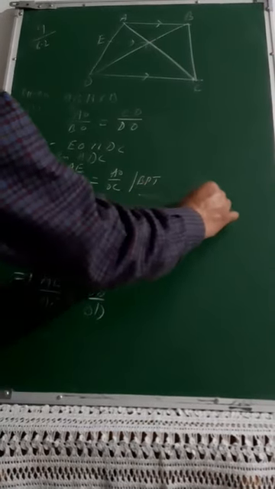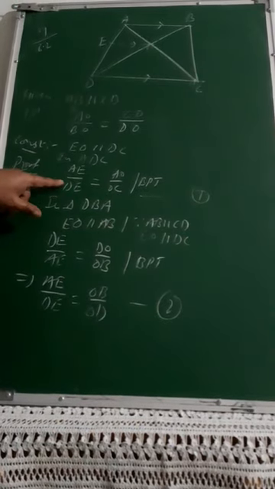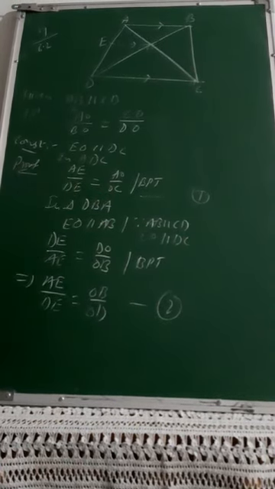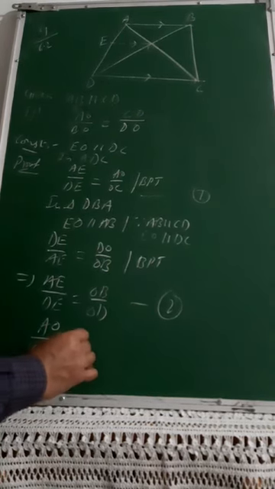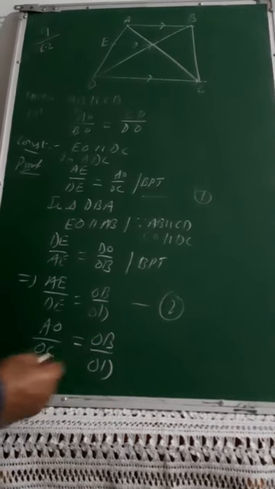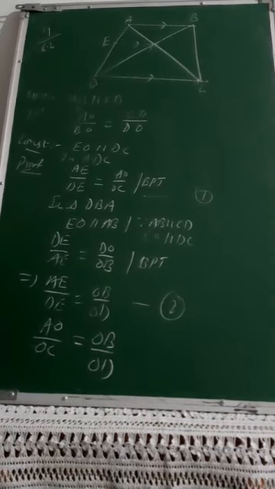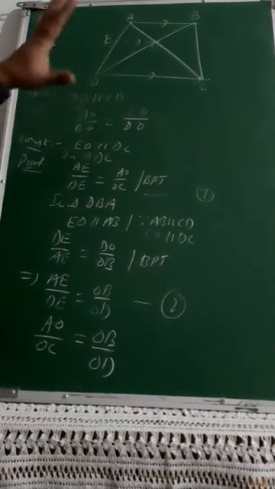So now if this is result number 1 and this is result number 2, I can conclude that AO upon OC is equal to OB upon OD. What I need to prove is AO upon OB is equal to OC upon OD.